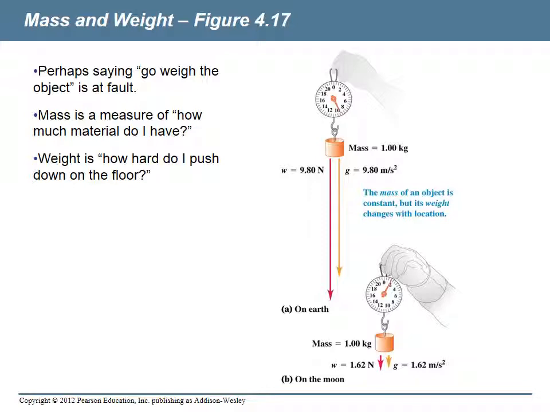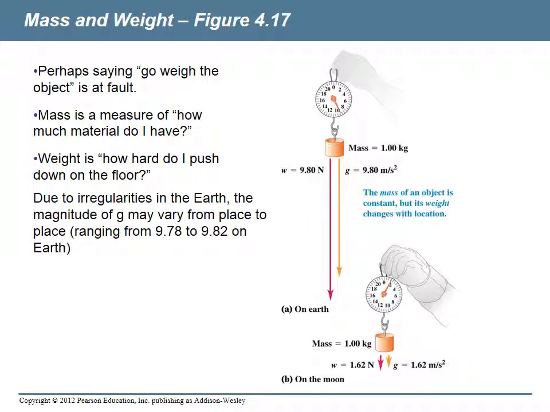So it weighs much less on the moon, but it actually has the same mass. This is why astronauts can jump up 20 feet in the air and have a long hang time, because there's much less force pulling them back down. So that's the difference between mass and weight. You can have different weights, but the same mass.